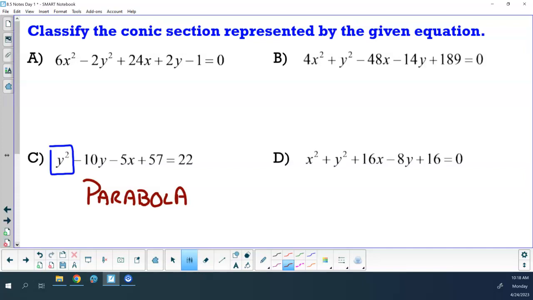Which one's the hyperbola? A, because you're subtracting the squared terms. You've got 6x squared minus 2y squared, so that's a subtraction of the squared terms. That is your hyperbola.